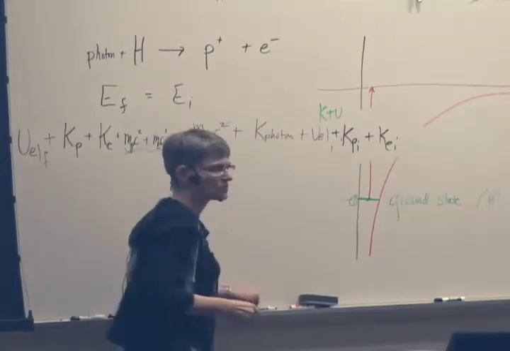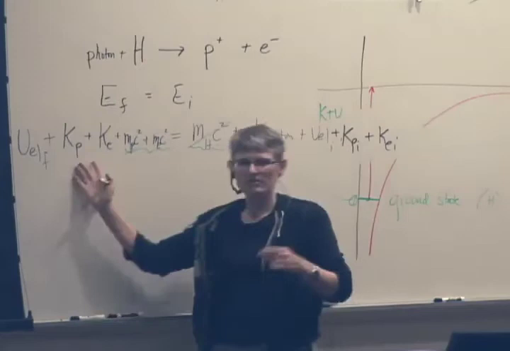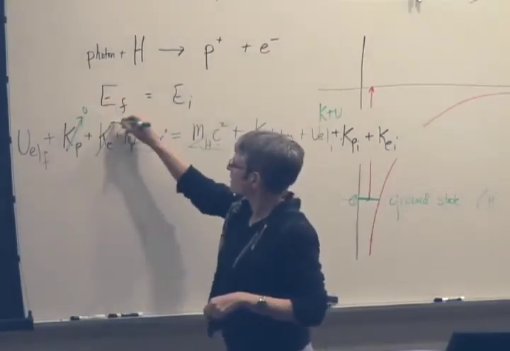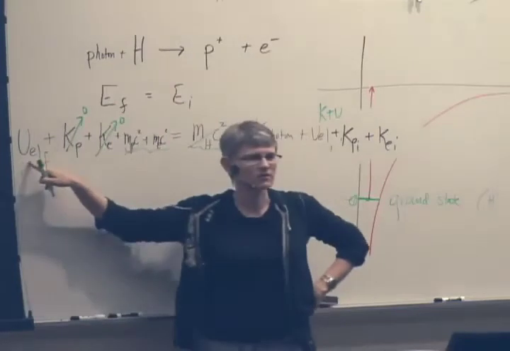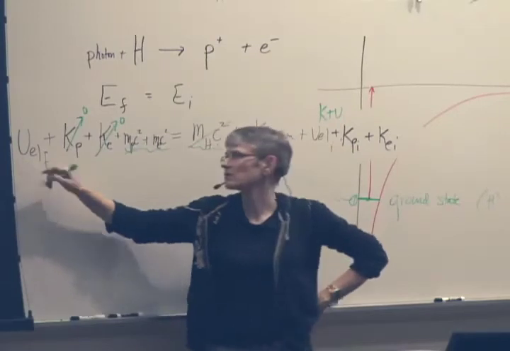Now some of these things are 0. So in the final state, just barely getting separated, 0 kinetic energy. If these things are far enough away from each other, what's the final electric potential energy? 0.